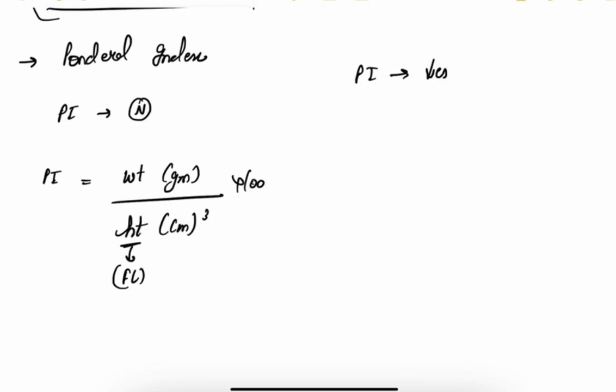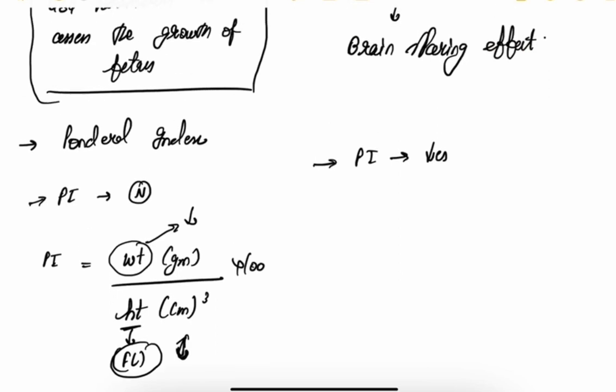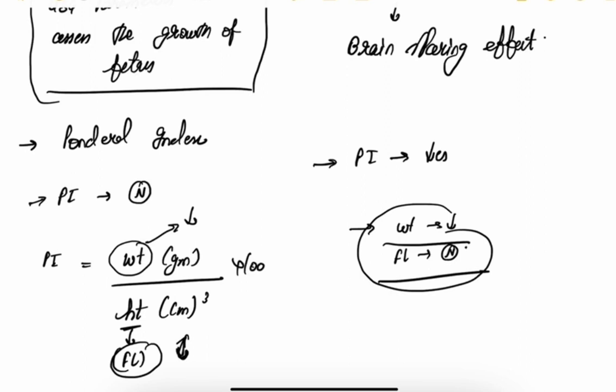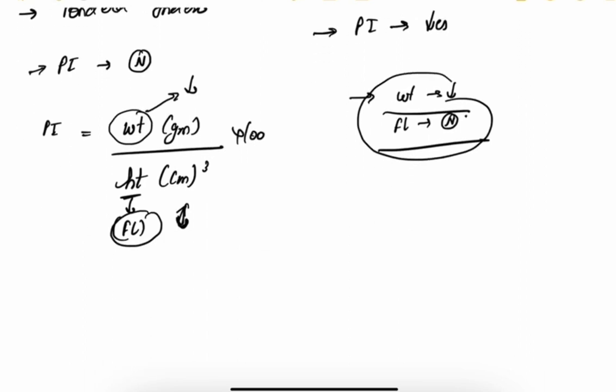So in type 1, the ponderal index is normal. In type 2, the ponderal index decreases. In type 1, which is symmetric, weight is decreasing and the femur length is also decreasing. That's why the ponderal index is normal. But in type 2, the weight of the baby decreases but femur length is normal. That's why the ponderal index will decrease in type 2 intrauterine growth retardation.